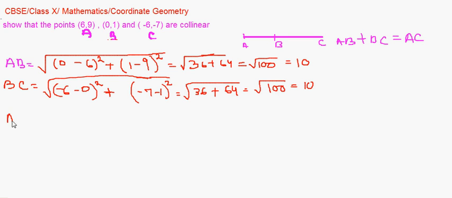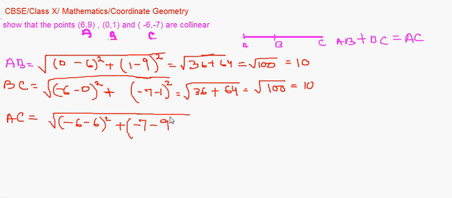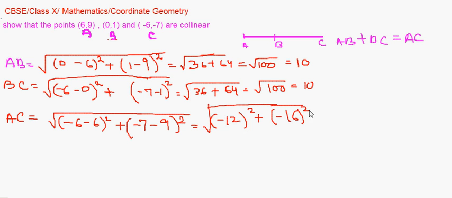Now let me calculate AC, wherein the coordinates are 6, 9 and minus 6, minus 7. So it will be minus 6 minus 6, that gives you minus 12 whole square, plus minus 7 minus 9, minus 16 whole square.